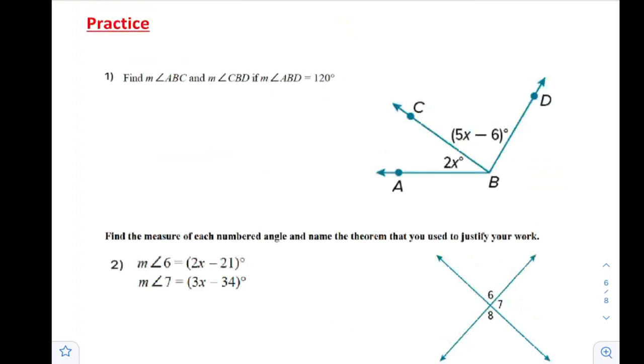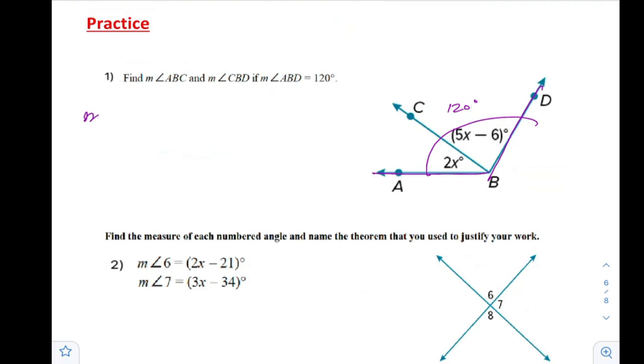Let's apply these theorems here. Find the measure of angle ABC, which is this one, and the measure of angle CBD. The total measure of angle ABD is equal to 120 degrees.